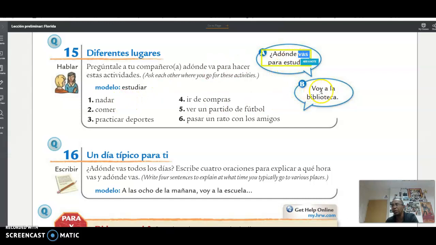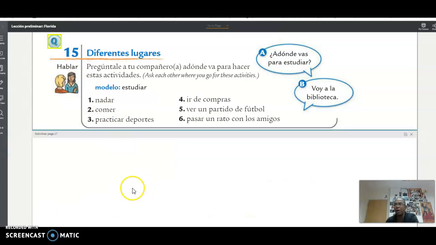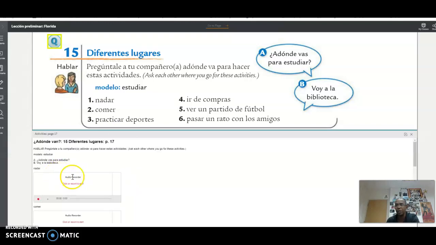Yo voy a la piscina, right? And then you do that for each one of those, okay? So you click here on the question, and right there the queue will give you the opportunity to answer all those questions. Again, you are going to write on a piece of paper so we can actually have that activity here in class, okay?